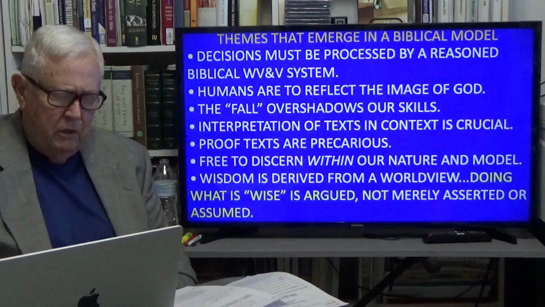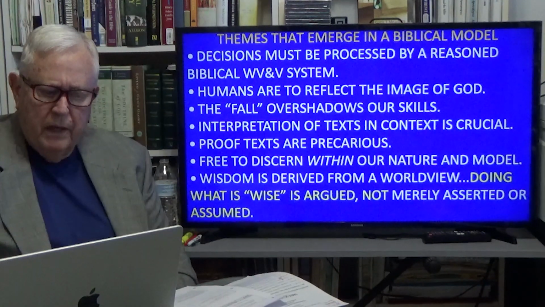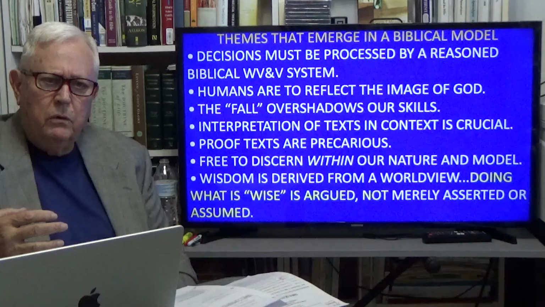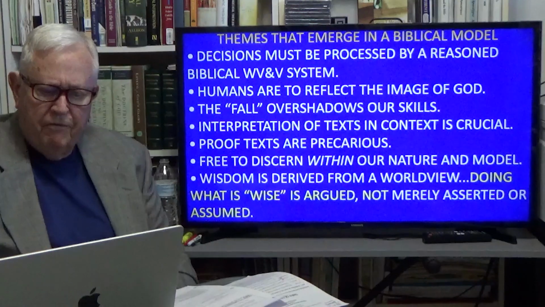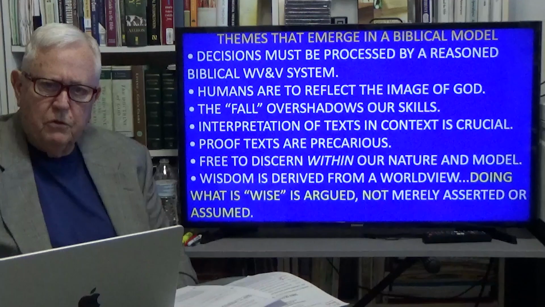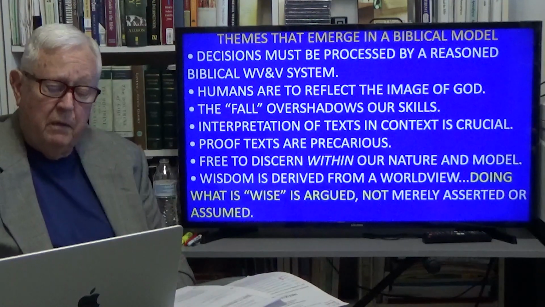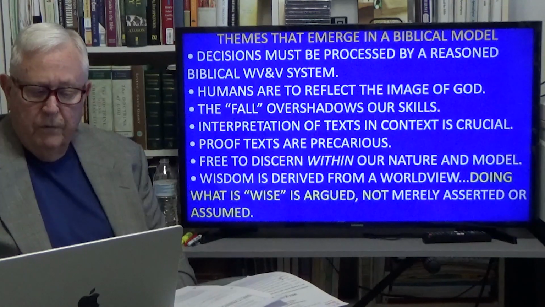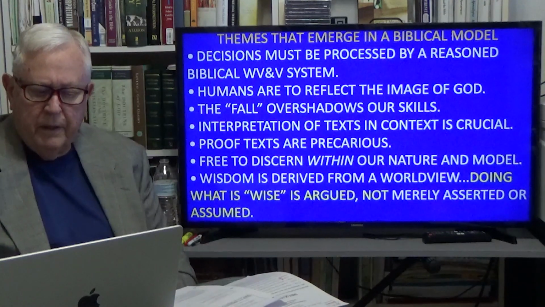That happens a great deal where people are trying to buttress their own opinions and their own presuppositions by finding words in the Bible that support them. But the problem is those words meant something in context, and it might not mean what you think it means. And that has to be considered. So proof texts are particularly precarious.